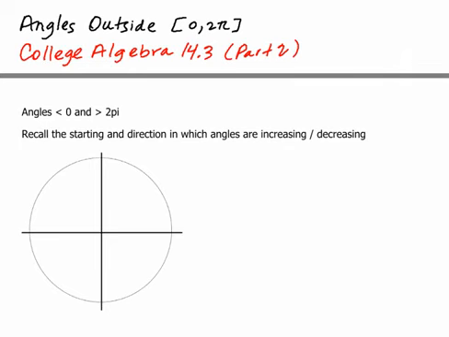All right, so we know that, in general for the unit circle, 0 radians starts here. What we would call the positive x-axis is the beginning of our angle, the initial side of the angle, and then if we rotate, say, theta radians, that's the terminal side. So this is theta.